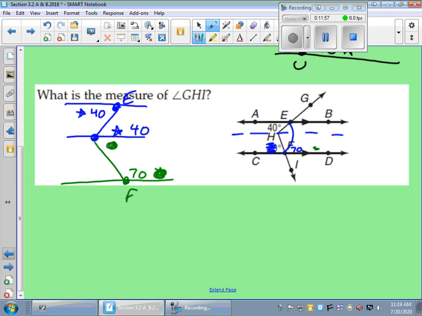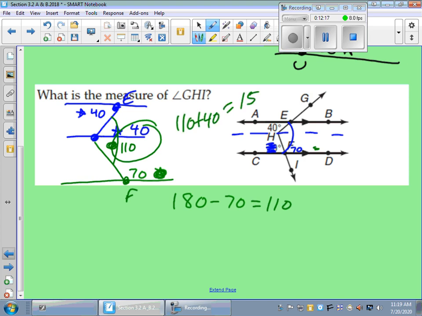They're supplementary. So we're going to go 180 minus 70, which gives us 110. So this section right here is 110. If that's 110, this section right here is 40. We're going to add these two together, and we find that 110 plus 40 equals 150 degrees.